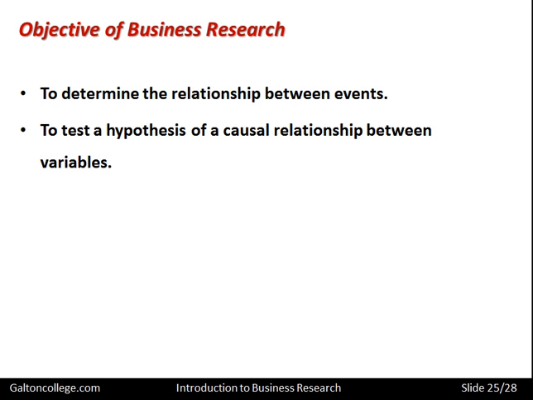Is there a link causing extra demand because the price has been reduced? Is one causing the other? Is the reduction in price causing the extra demand for the product? So that hypothesis could be tested. And that could be an objective of the business research, to see to what extent those two are related.